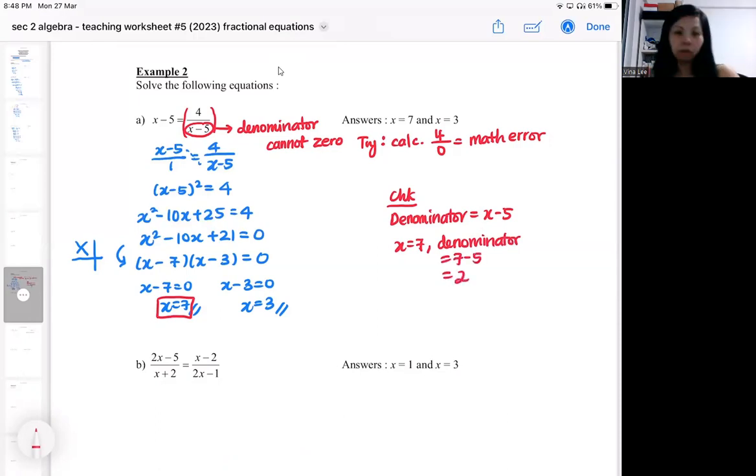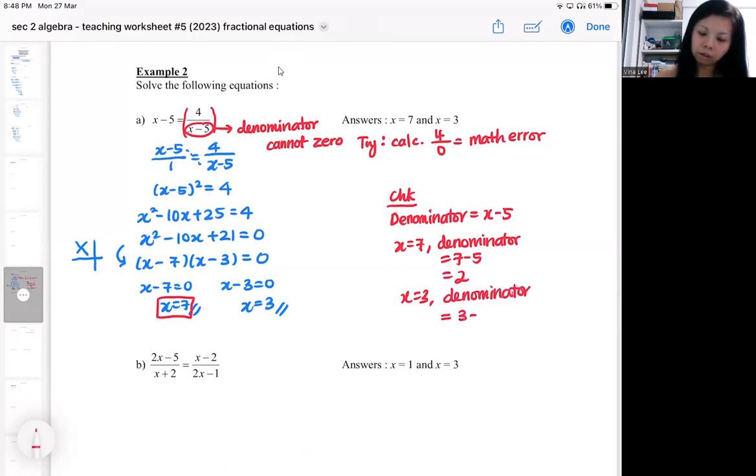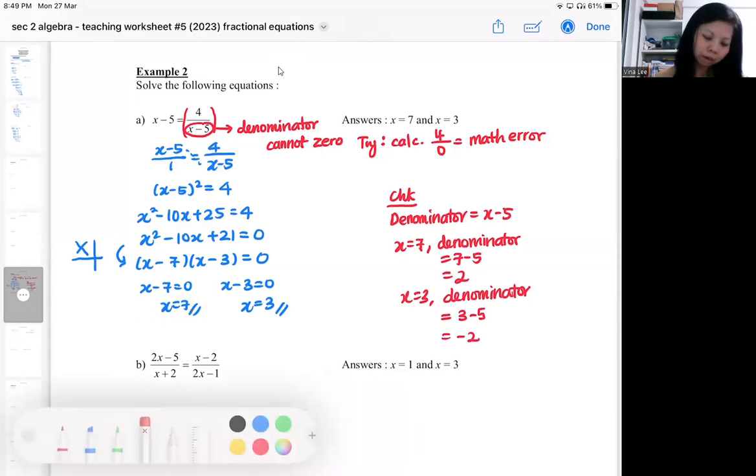That is an okay denominator. If you put in 3, the denominator is equal to 3 minus 5, which is a minus 2. As long as the denominator is not 0, the two answers will be acceptable. That's why these two answers are both acceptable.